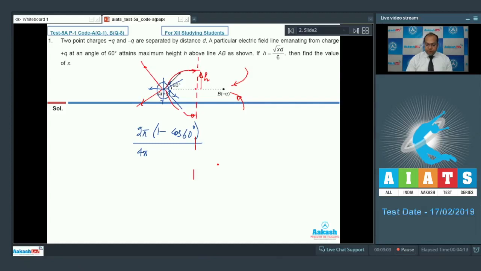and the fraction of the electric lines of force will remain the same. So in the second case, the solid angle can be written as 2 pi into 1 minus cos theta, and the value of cos theta can be found if this is theta.